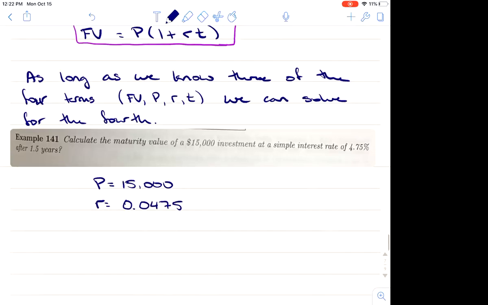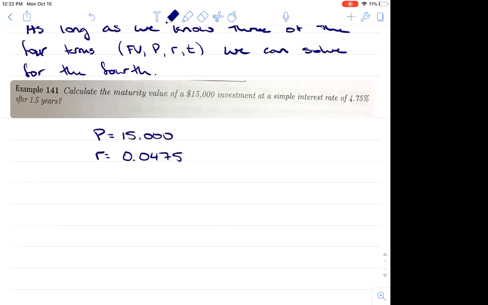We should be comfortable writing the percentages in decimals. And T is 1.5 years. Great. So we want to find the future value.